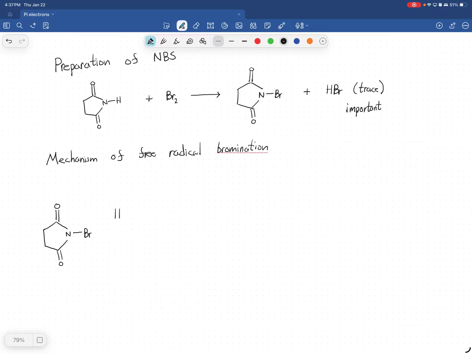All right, so HBr, this will slowly react and be in equilibrium, so it can go back and forth. Okay, so HBr, H plus.